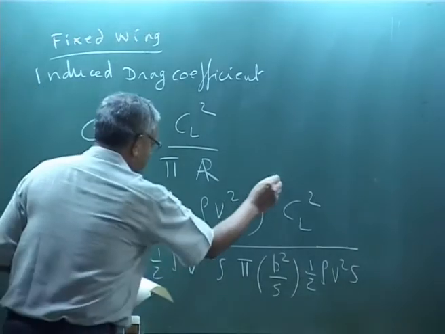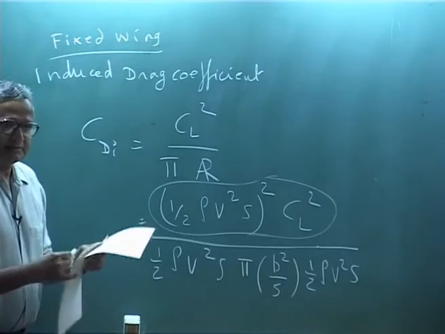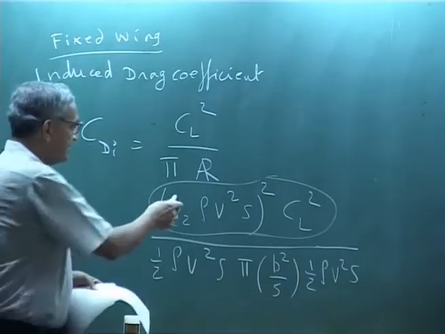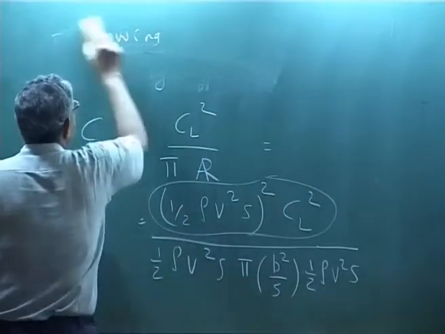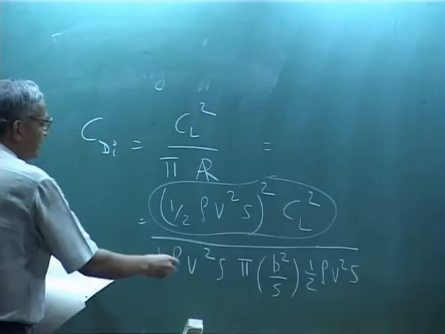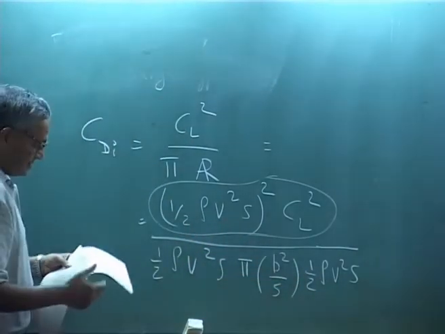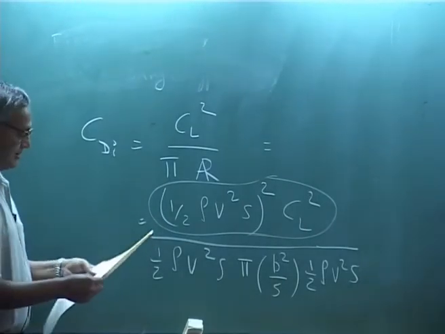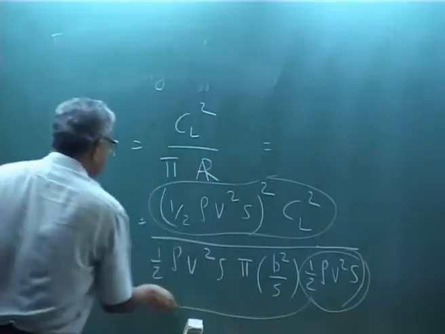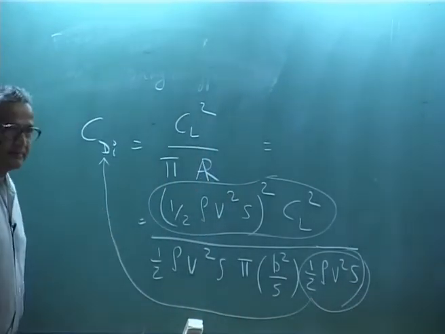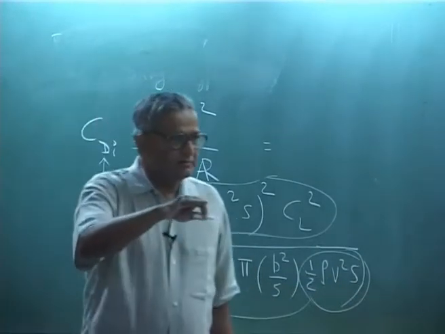Now this term is nothing but the force. Let me erase here, because the board is full, and take one of these terms and put it here: half rho v square area CDI.